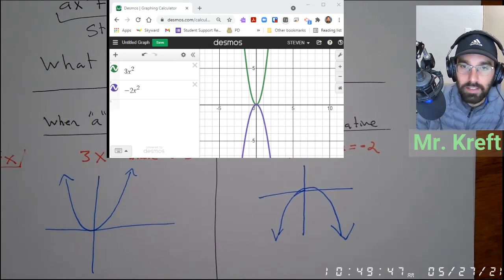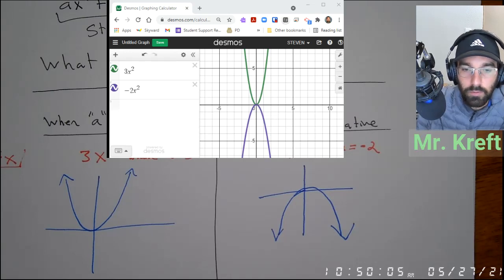So with that said, what do you guys think the a tells us? Can someone write it out in chat? What should we write down? What's the a doing? What's the a telling us? If it's positive or negative, what does it do? When it's positive, what happens? And when it's negative, what happens? I think that's a really good point. So we're definitely looking at positive, negative.